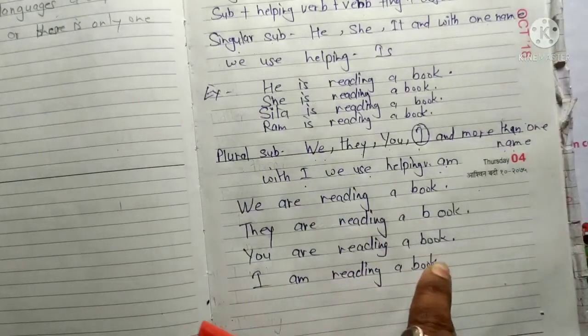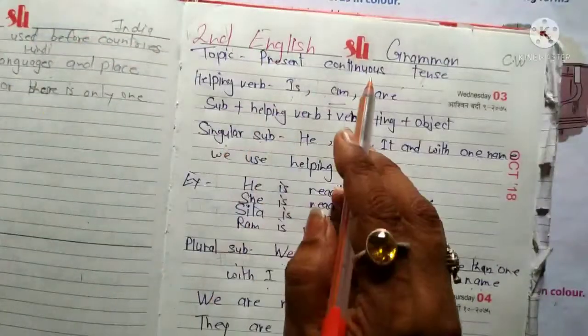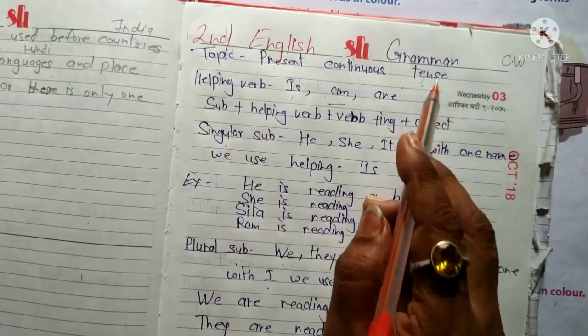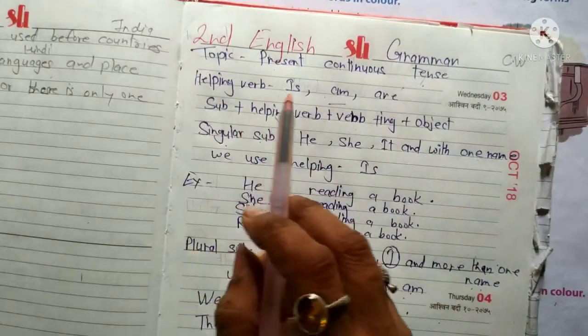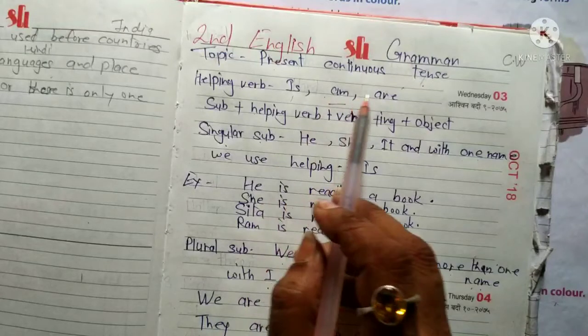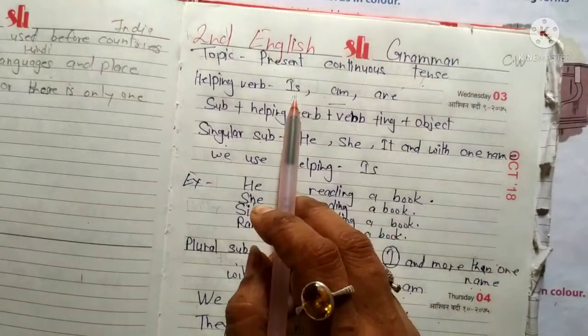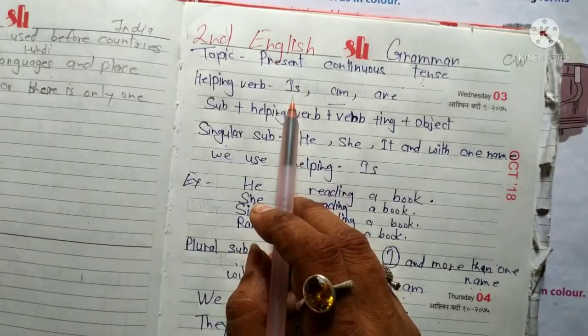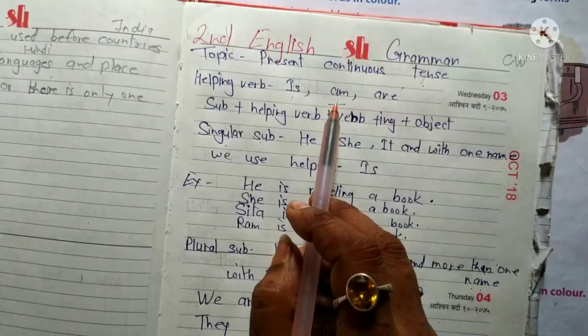Okay, students? So this is the rule of present continuous tense. Again, I repeat, in present continuous tense, there are three helping verbs. These are is, am, and are. With singular subject, we use this helping verb, is. With I, we use helping verb am.